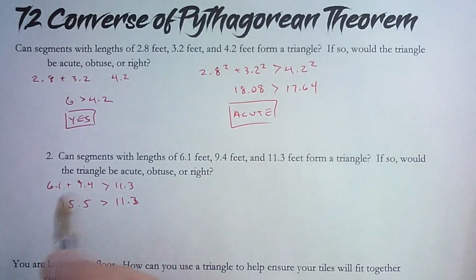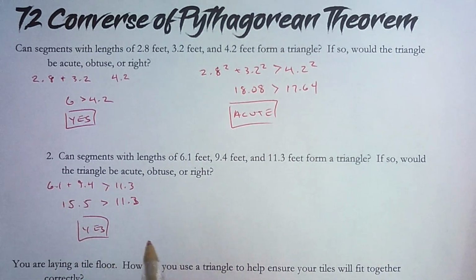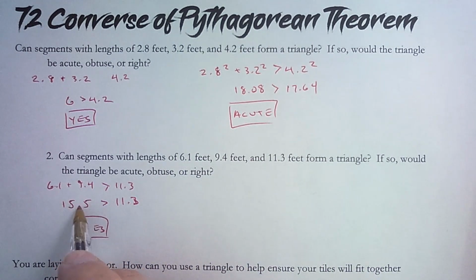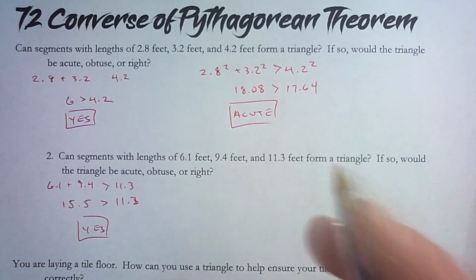Okay, so the two smaller lengths add up to something greater than the third length, so yes, they can make a triangle. If the answer is no here, I just write no and I'm done. If I got exactly 11.3 or less than 11.3 here, I would say no and I'm done. But because the two shorter sides add up to something greater than the third side, the answer is yes.